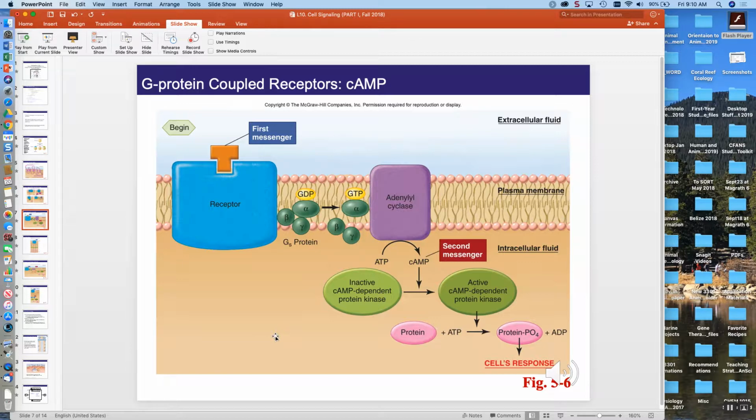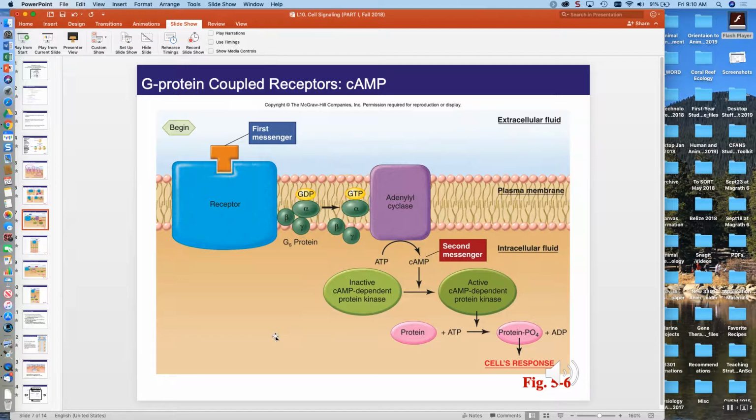This receptor has G proteins that are associated with it. We have the beta, the gamma G protein, and the alpha. The alpha is what we're going to concentrate on. Before our ligand binds to its receptor, it has a GDP molecule associated with it.